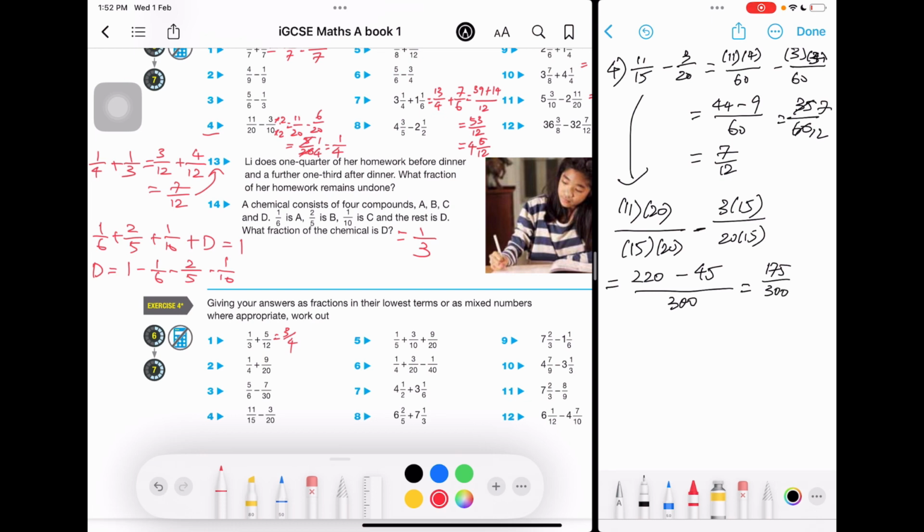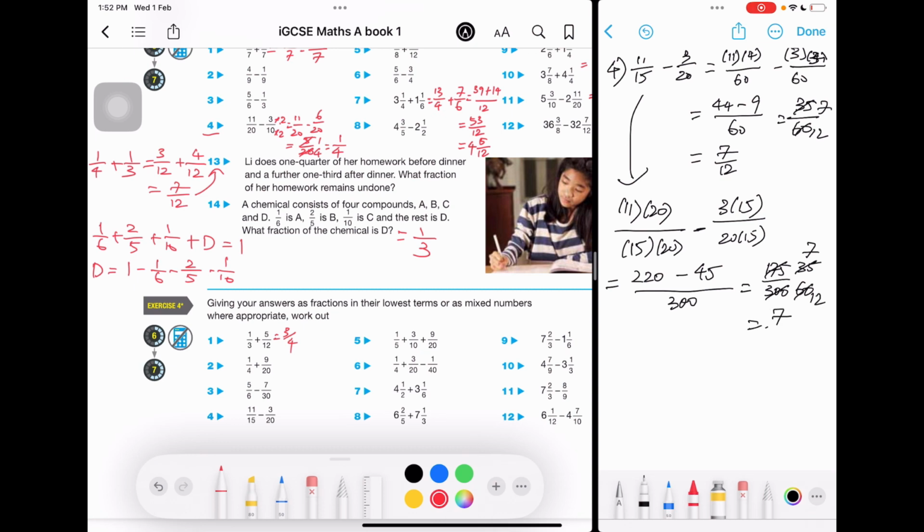So in this case, you can proceed on to cancel away the common factor. If we have 175 because it ends with 5, we know that 5 is basically a common factor. If you divide it by 5, you will be left with 35, and this will be 60. And we can, of course, reduce this even further by 5. This gives 7 and this 12.